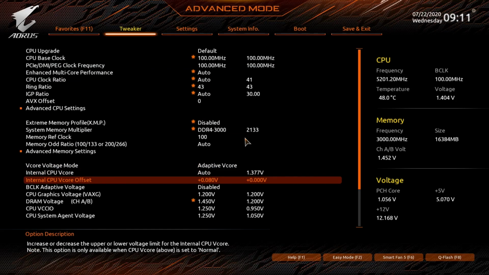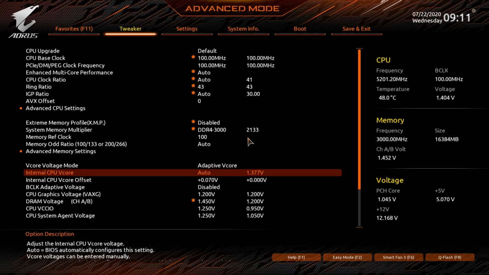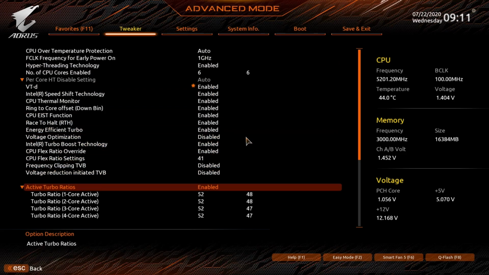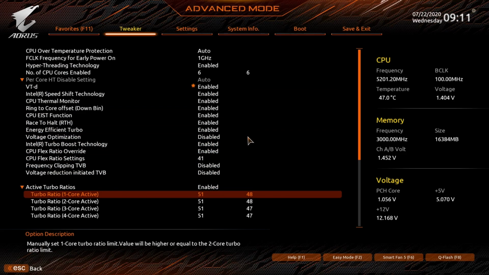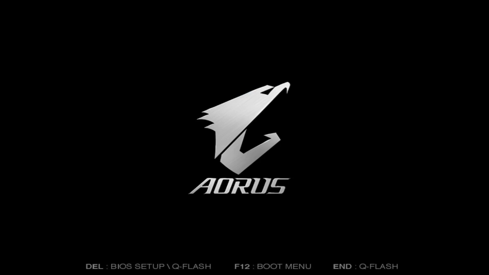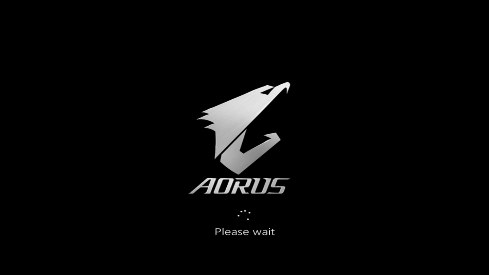And in fact, I'm going to bring this, well, we'll leave it there. No, you know what? I'm going to bring it back. I'm going to bring it down to 0.075. No, 0.07. Okay, and we'll bring that turbo ratio down again. And Windows is going to think something's broken.